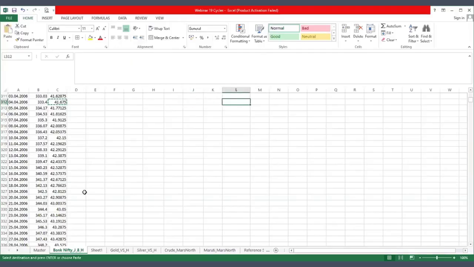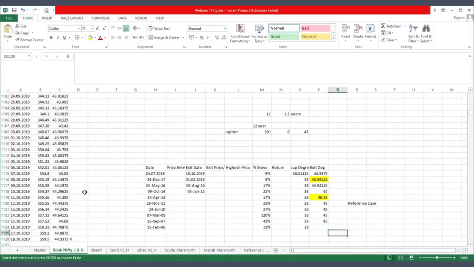Again, 41 is popping up. So, either we hang out till the end, which means 45 degrees, or we exit at 40, 41, etc. Not 40, but 41, because this is actually 40.9.